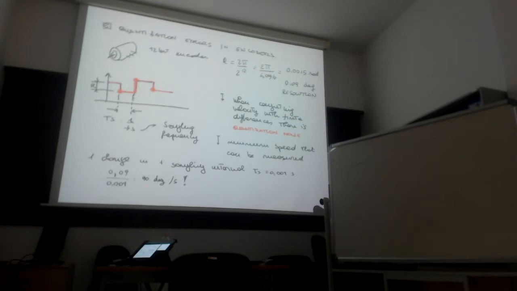In this case, you get the minimum speed you are able to discriminate: it's 90 degrees per second, which is quite high. So either you increase the resolution and reduce this number, or you sample at a lower frequency.